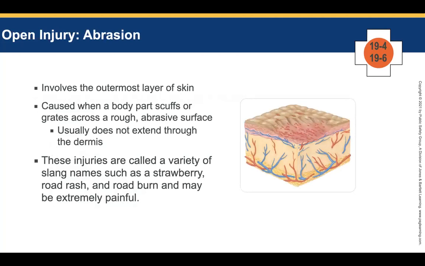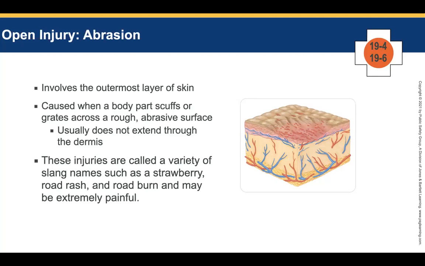All right, so an abrasion involves the outermost layer of the skin, caused when the body part scuffs or grates across a rough abrasive surface, and usually does not extend through the dermis. We'll see this up on the hill. People go down, and just whatever they're wearing rubbing across their body, they can end up with an abrasion, like a rug burn.